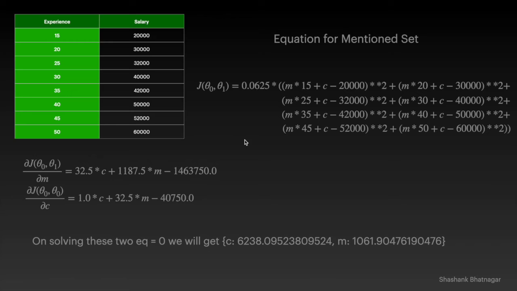Suppose we wanted to predict the salary based on the experience. In this data set, let's consider the experience as the independent variable x, whereas the salary, which will be denoted as y, is what we want to predict.